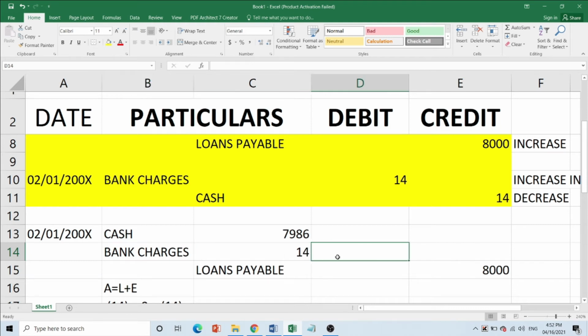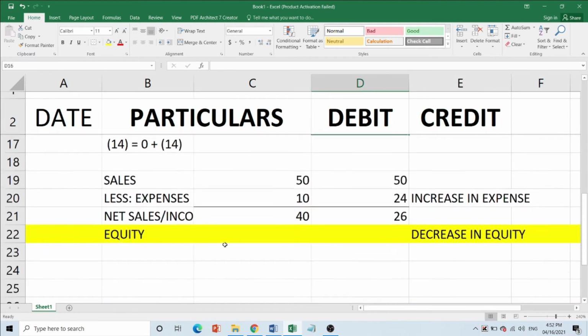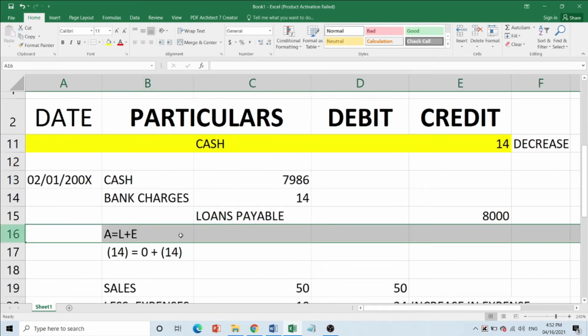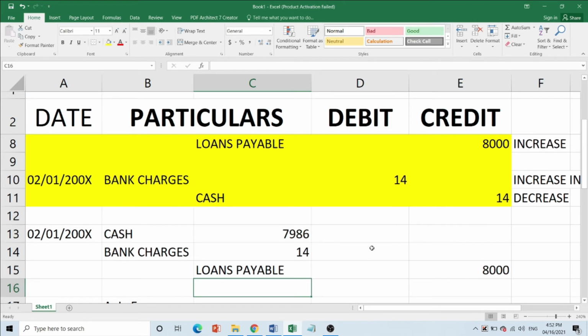The effect, still, it is equal. 8,000 and 8,000. Okay? So, yun po ang paggawa ng compound journal entry at yung effect sa ating accounting equation sa pag-analyze.